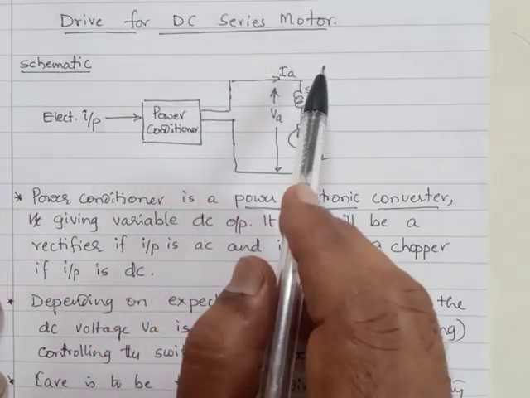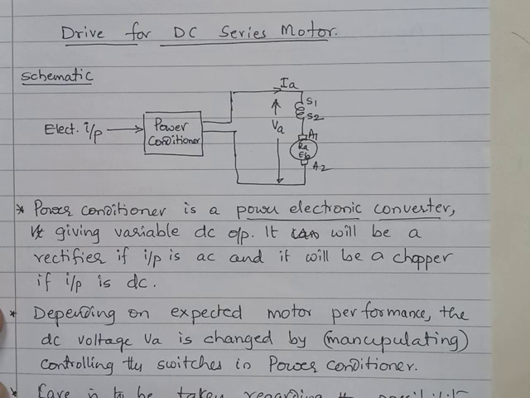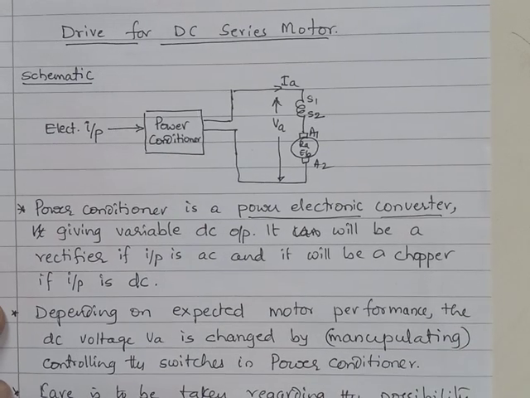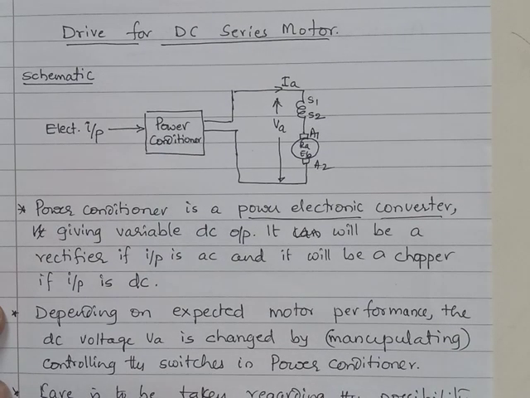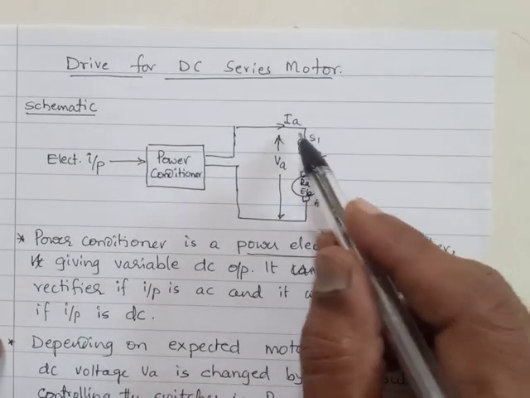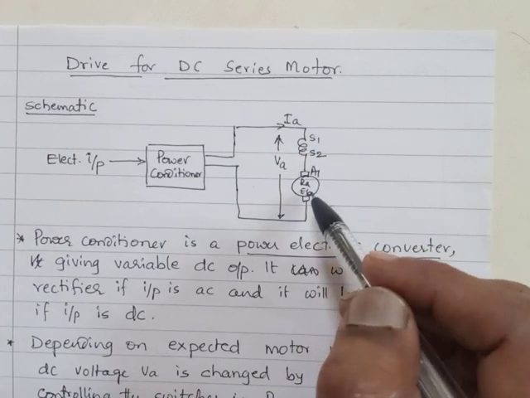Now, when it is a series motor, we should be careful, because series motor has something very typical with it. What is that? Series motor is typically characterized by very high speed when there is no load, because field coil is in series, current through it is the same as current through the armature.